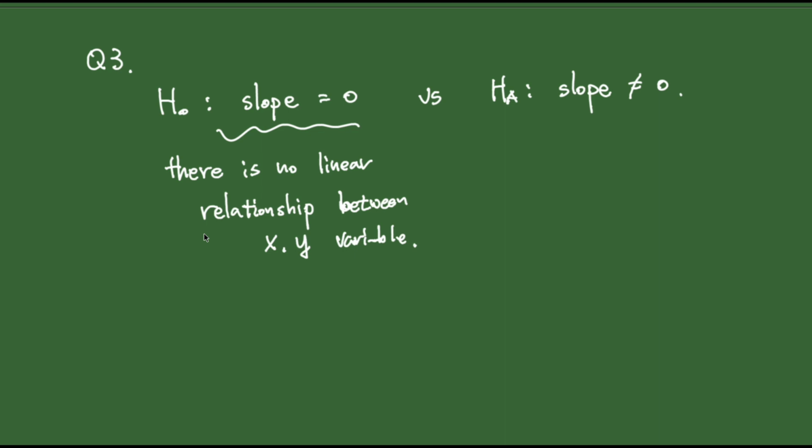So we can say that when the slope is 0, there's no linear relationship between x and y variable.